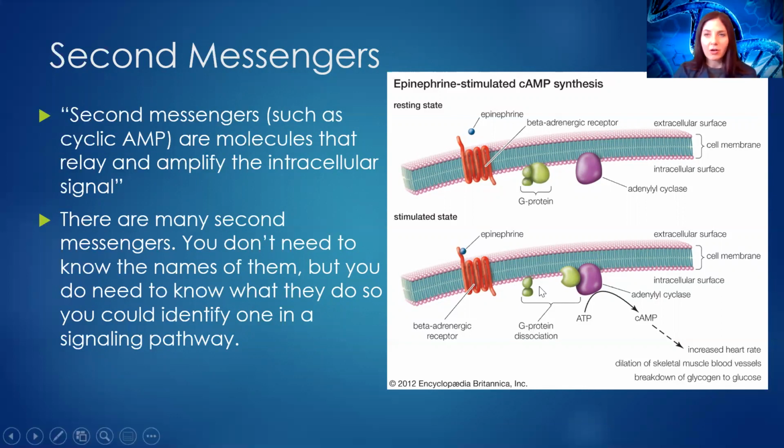So in this case, this conformational change releases what we call the alpha unit of this G protein. So this alpha unit will then actually activate this guy right here. So this is an inactive adenylyl cyclase. Now that suffix -ase should kind of give you the indication that this is an enzyme and it's going to do something. So it activates adenylyl cyclase. Now adenylyl cyclase then goes on to create cyclic AMP.